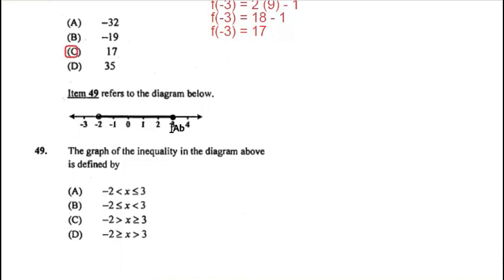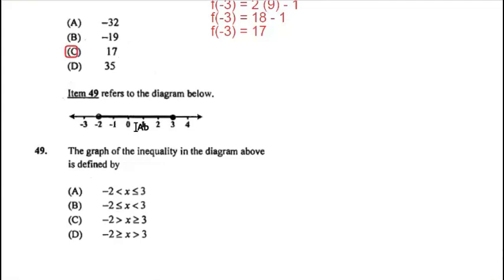So from that explanation, we can remove B and D from the answers, because we know that at -2, the inequality must not read equal to -2, and therefore our answer is either A or C. So at 3, based on the direction in which the line is moving, we know that x is equal to 3 or less than 3.